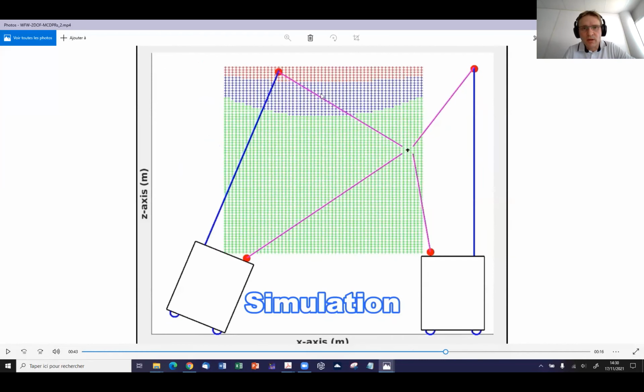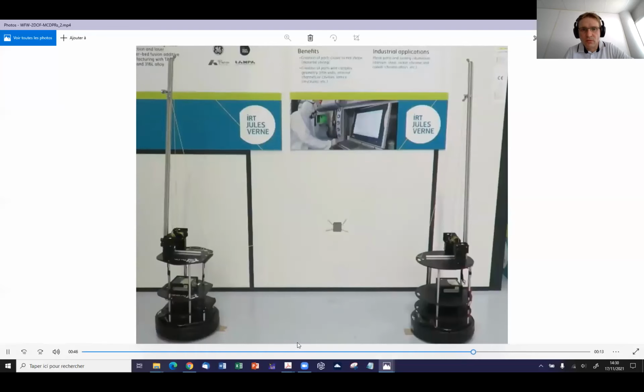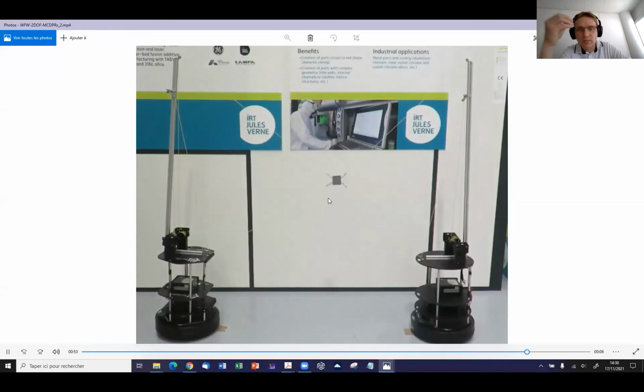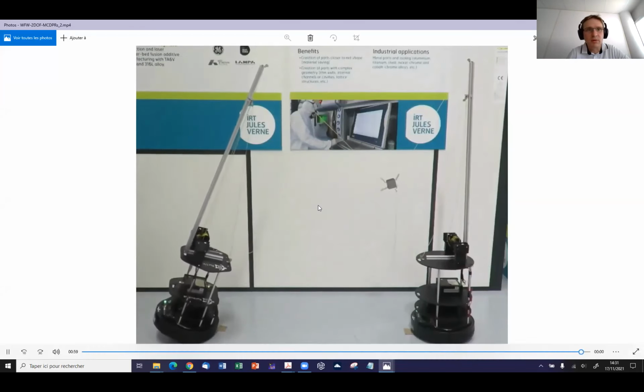And in the blue area, we know that one mobile base will tip, and in the red area, we know that one mobile base will slide, according to the range analysis. And here we can clearly see that for this very simple mobile CDPR, the simulation results match the experimental results.